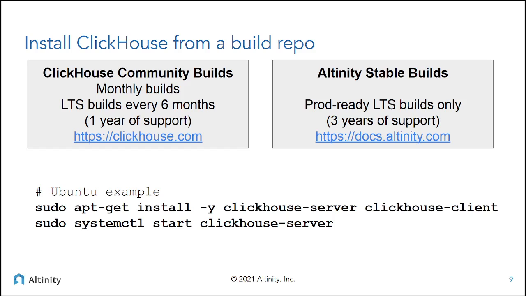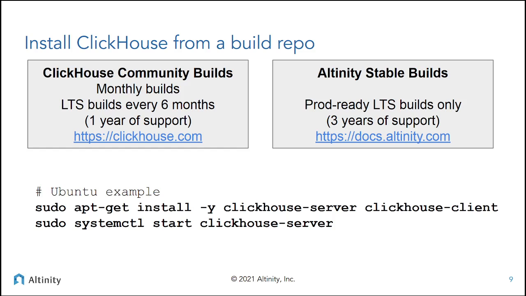So first month in 2022. Every 6 months, the ClickHouse team has what's called an LTS release, so a long-term support release, and the community supports it for 1 year. The next LTS build is scheduled to be in March, so it will be 22.3. And you can count on those having about a year of support.